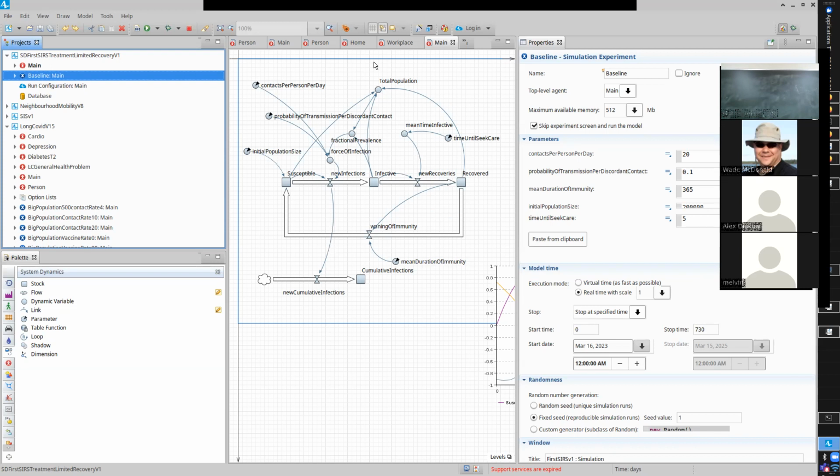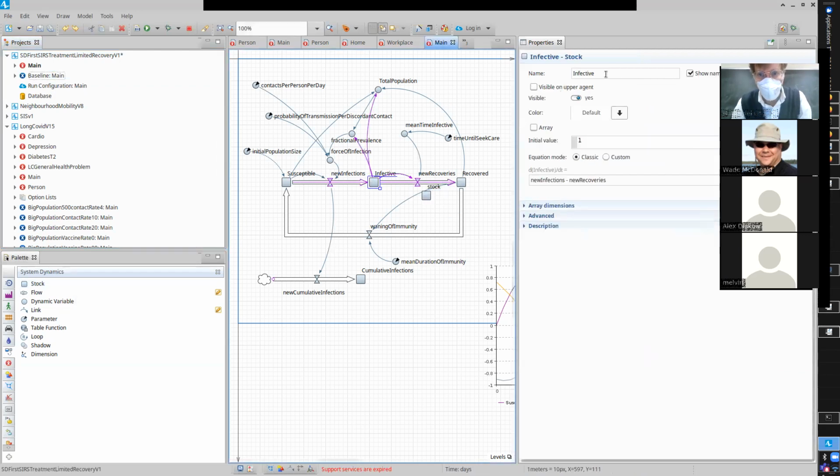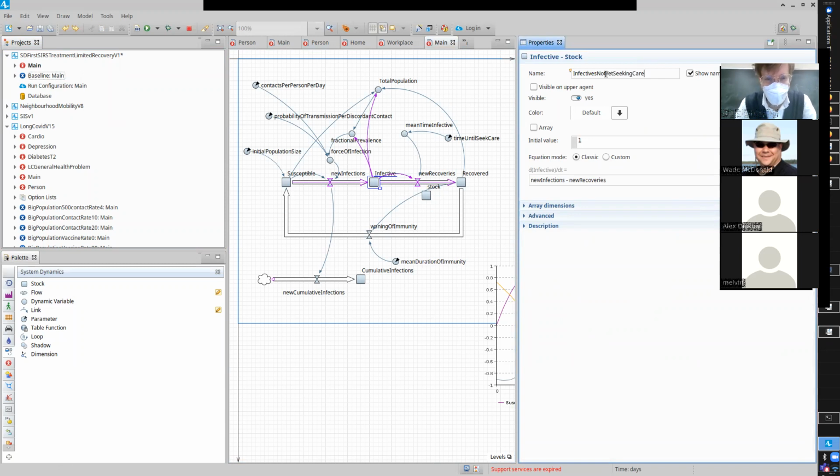We're going to have infectives here, and then some number of infectives come over to a state where they are awaiting care. So this transition is no longer as before; we're going to have infectives go to infectives waiting care. So these are infectives not seeking care. I'm going to change this to be infectives not yet seeking care. Wow, this is going to be fun.